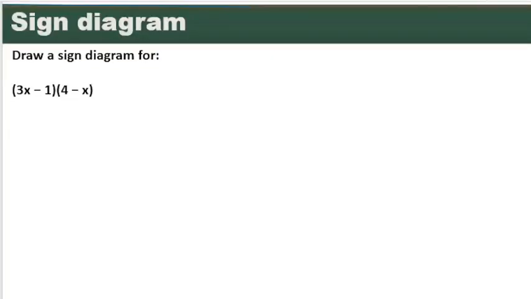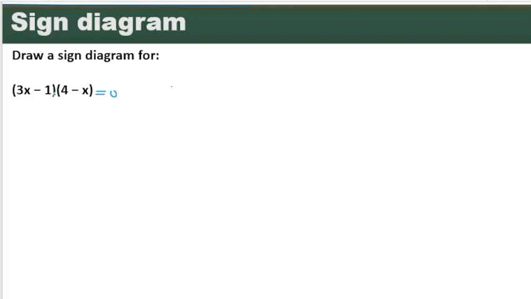Here is the sign diagram for this expression. We know the sign diagram shows us where the graph of this expression is above the x-axis and where it's below the x-axis. So first of all, to draw a sign diagram, I put this expression equals 0.